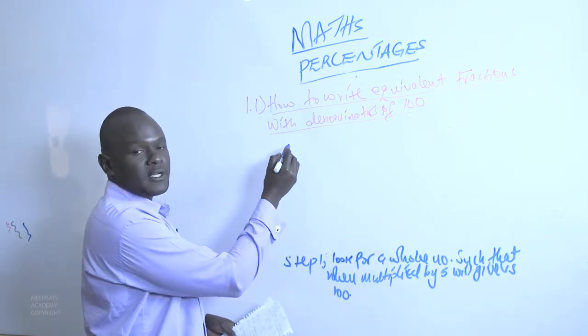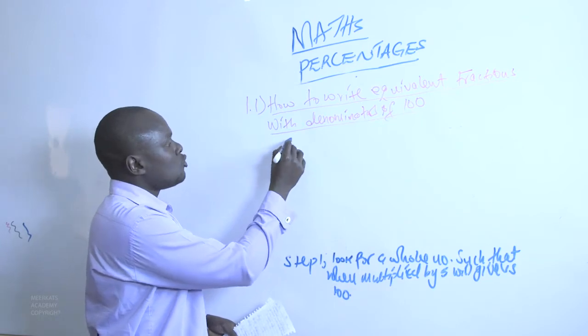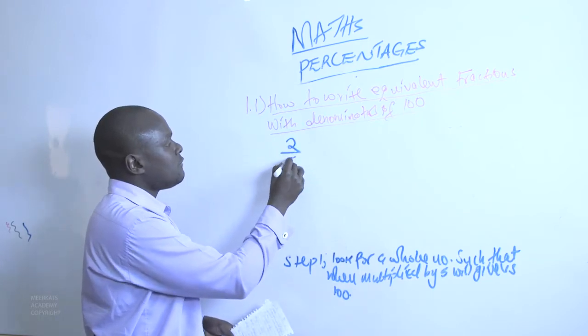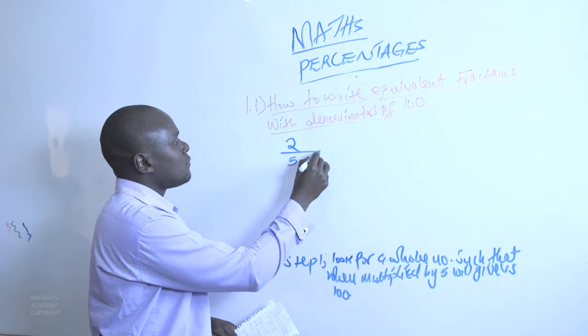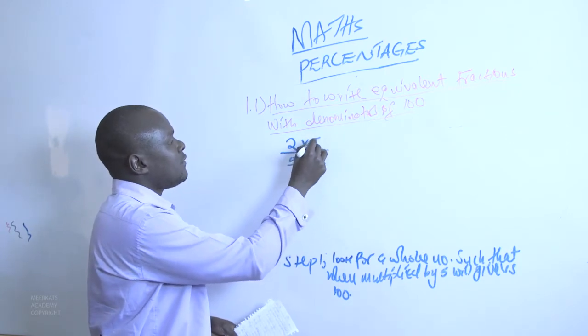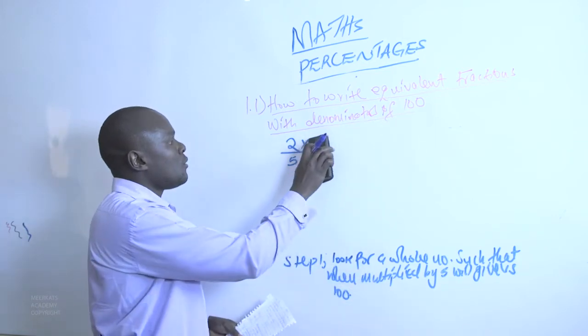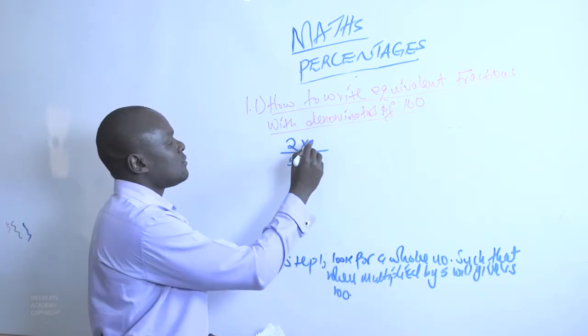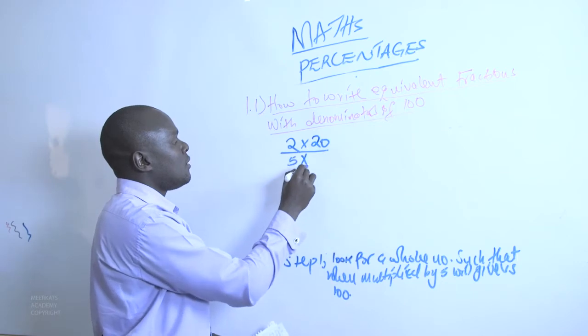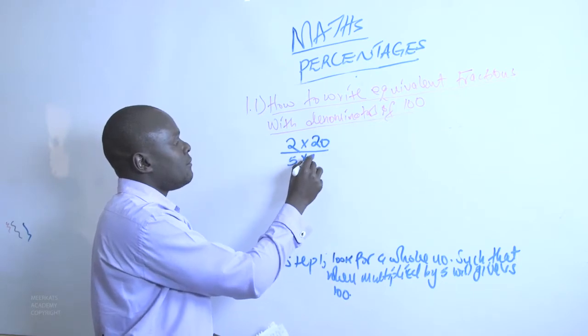So to get the equivalent fraction, 2 all over 5, we multiply 2 by 20 and 5 by 20.